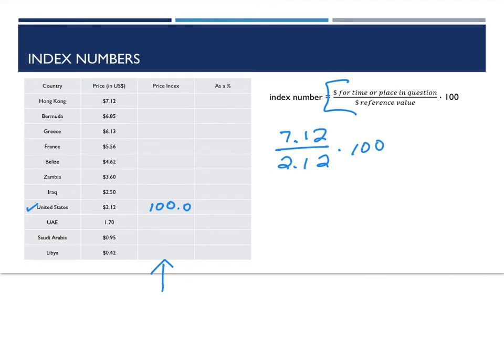On my calculator, I just do 7.12 divided by 2.12 times 100. That gives me 335.8 if I round it to the nearest tenth.